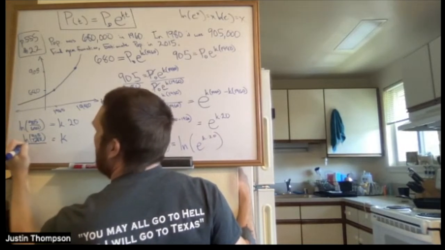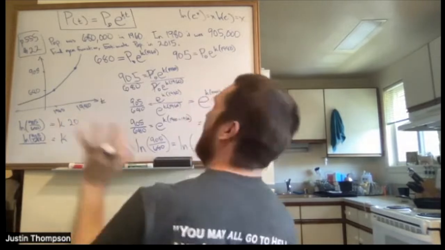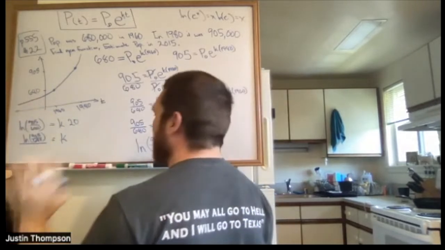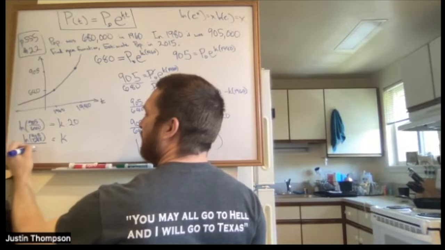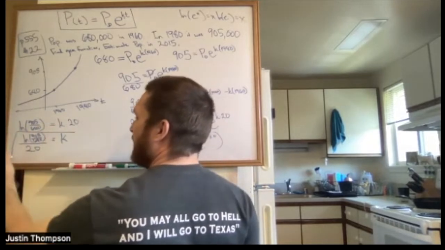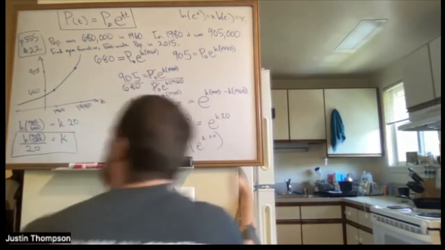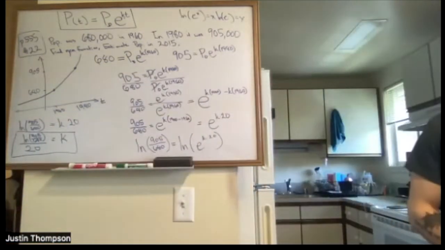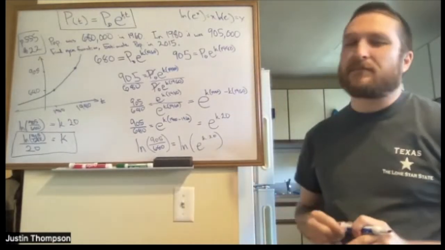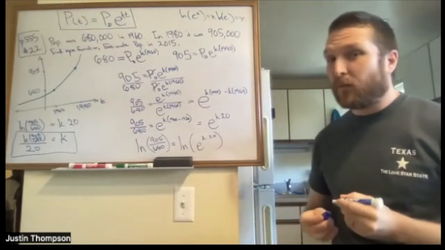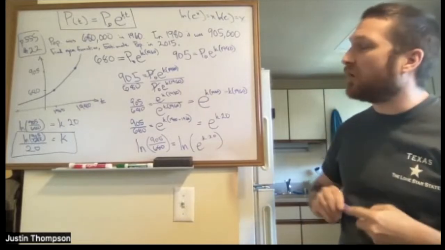What we end up with is some number, the log of some stuff, whatever that comes out to. We can plug that into a calculator, then take that and divide it by 20, and that's what my K is. Okay, so we have one constant, one of our unknowns, solved for.